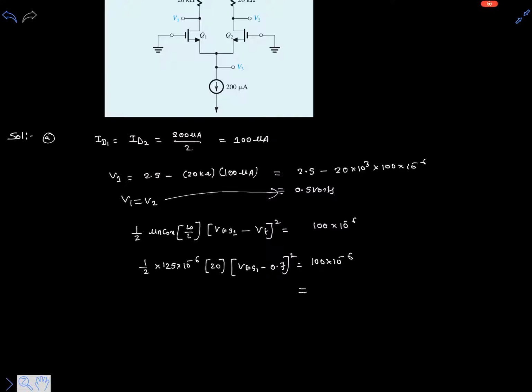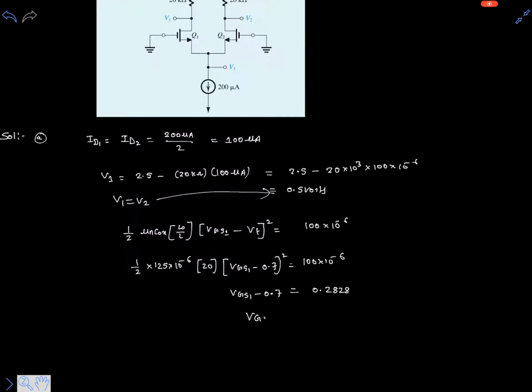So it is 0.2828 for the VGS1 minus 0.7. So VGS1 is 0.9828 volts.